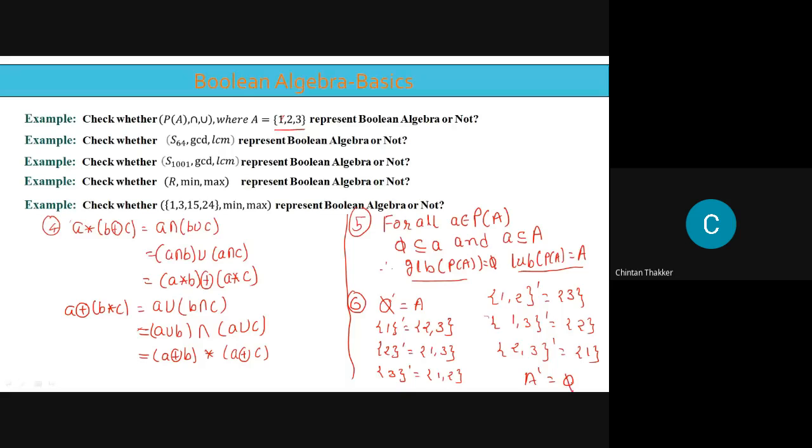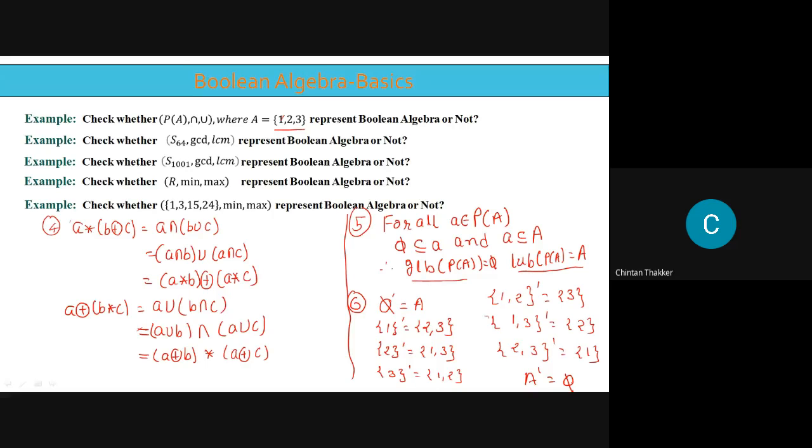So all elements have a complemented element. So this is a Boolean algebra. Okay, because here P of A satisfies all six properties: commutative, associative, absorption law, then distributive, bounded, and complementary. Therefore, it is a Boolean algebra.